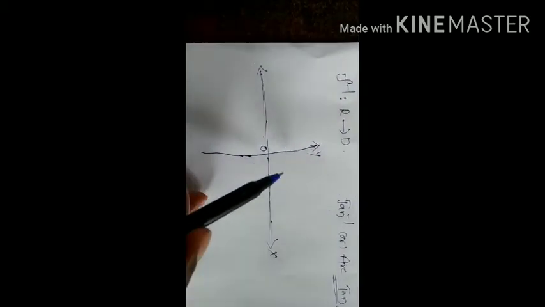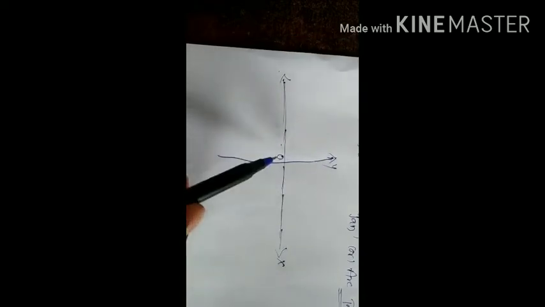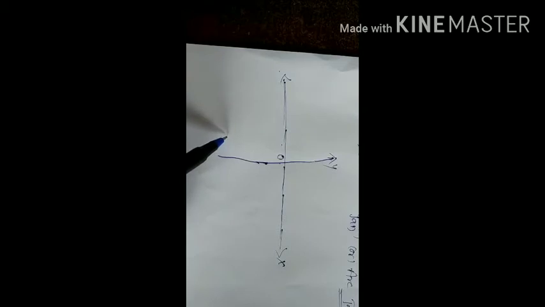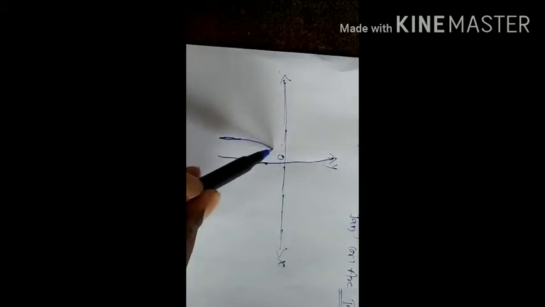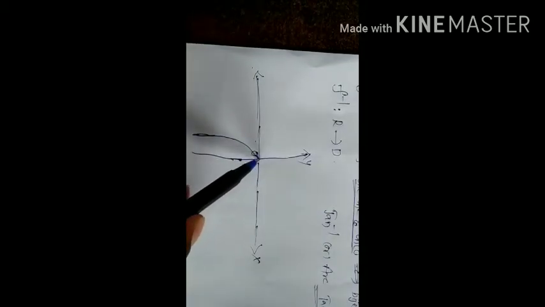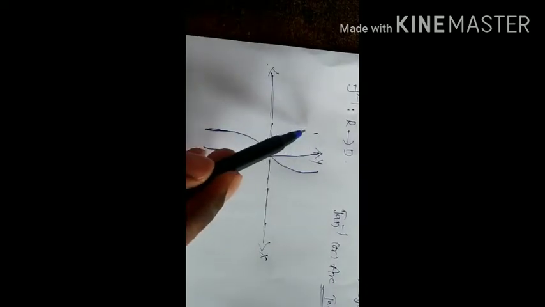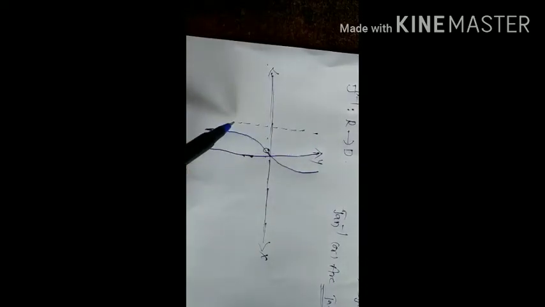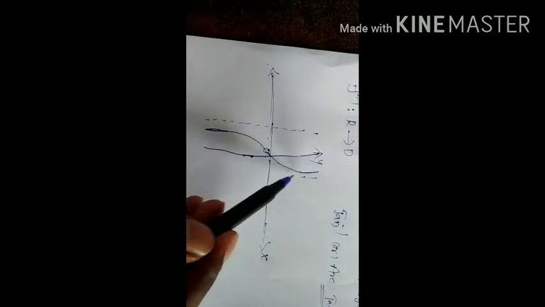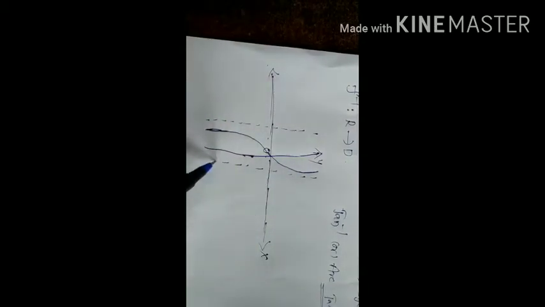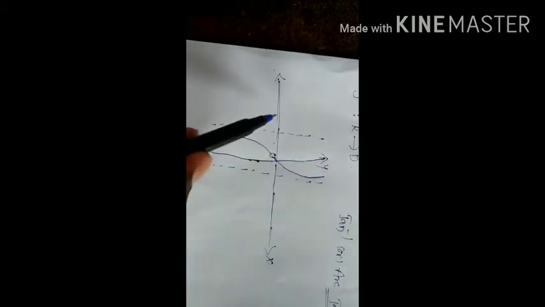This is the origin. So the model graph of this tan function is like this. This is the graph. In this way we can draw the graph of the tan function. It is just a rough drawing. If you know the values of these intervals, you can easily draw the graph.